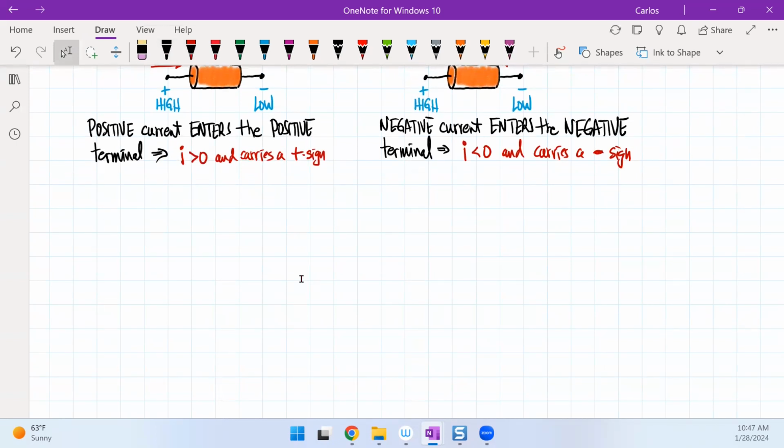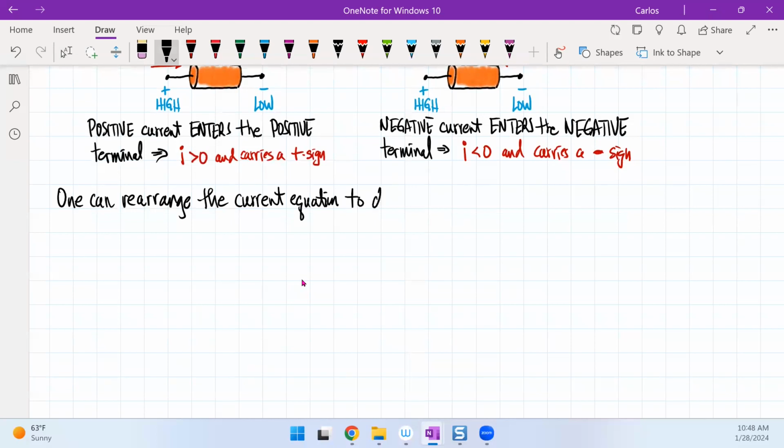We can then do the following thing here. One can rearrange the current equation to determine how much charge has passed through.